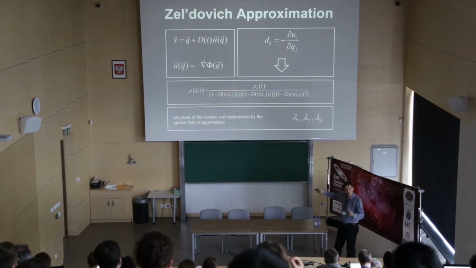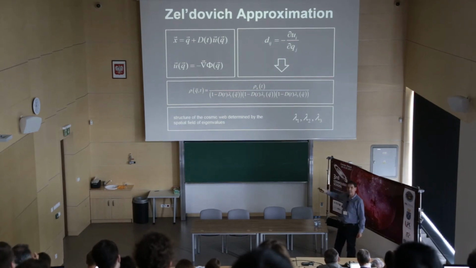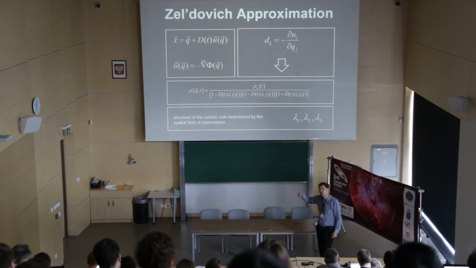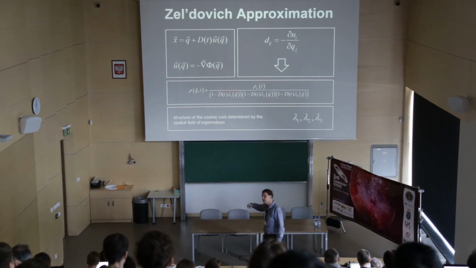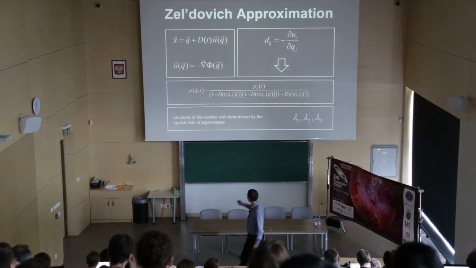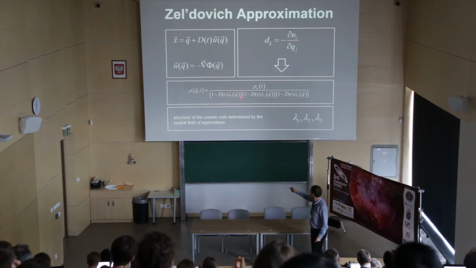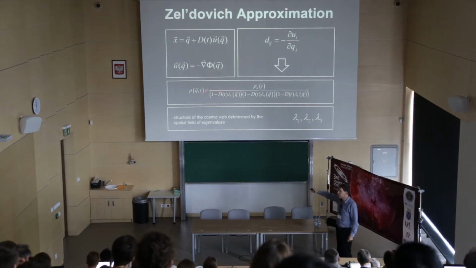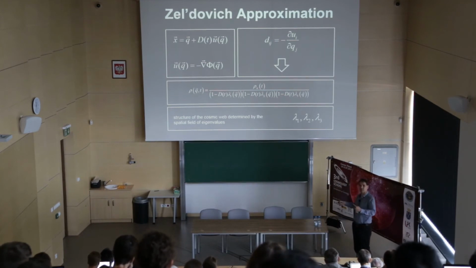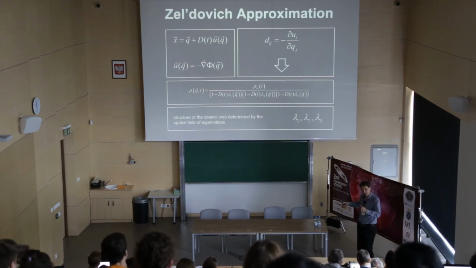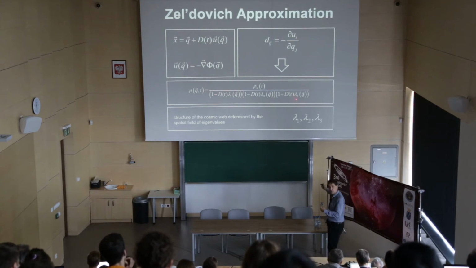So the Zeldovich approximation immediately showed directly that collapse will proceed in three stages. First collapse along the largest direction, largest in deformation value, then lambda 2, and if lambda 3 is larger than 0, it might collapse in the third direction too. If it's smaller than 0 it doesn't do anything. Same for lambda 2, by the way.